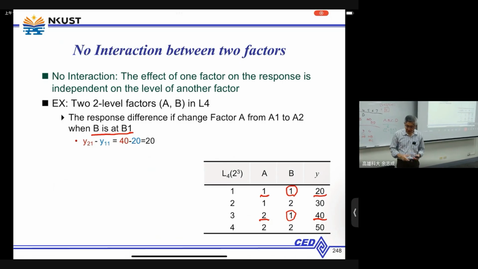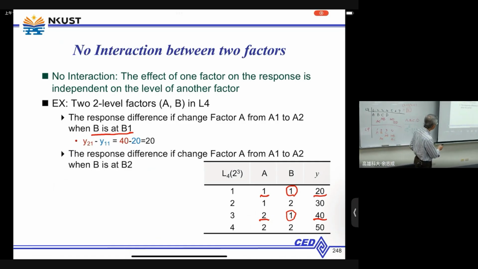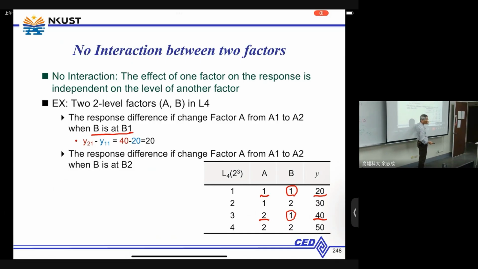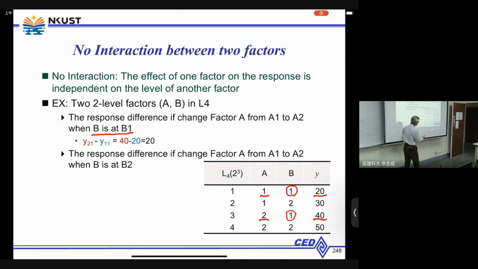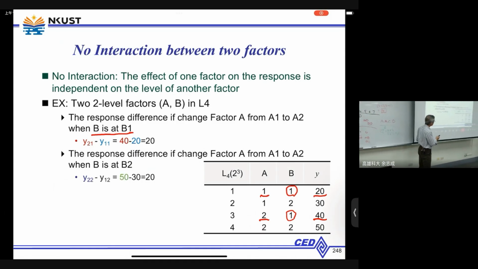But if I consider another case, when B is in B2, which is experiment number 2 and experiment number 4. For these two experiments, B are all in B2, but in experiment number 2, A is in A1, in 4, A is in A2. So the difference between these two experiments is due to the change from A1 to A2. And the difference is 50 minus 30, which is 20.